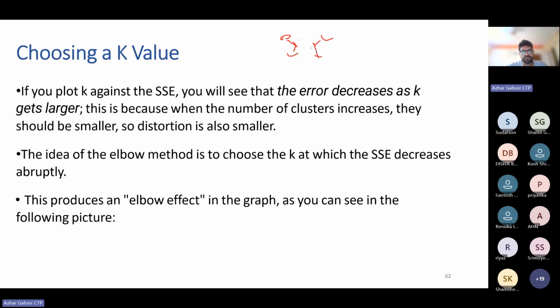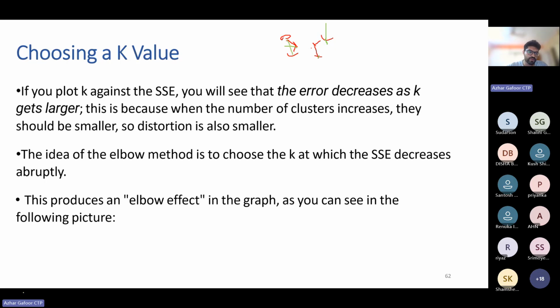Now, if we increase that to 3, we can actually keep our point on the centroid. If we keep the point on the centroid, the distance or the SSC is 0 for these 2, and we will have one more centroid with this much distance error.